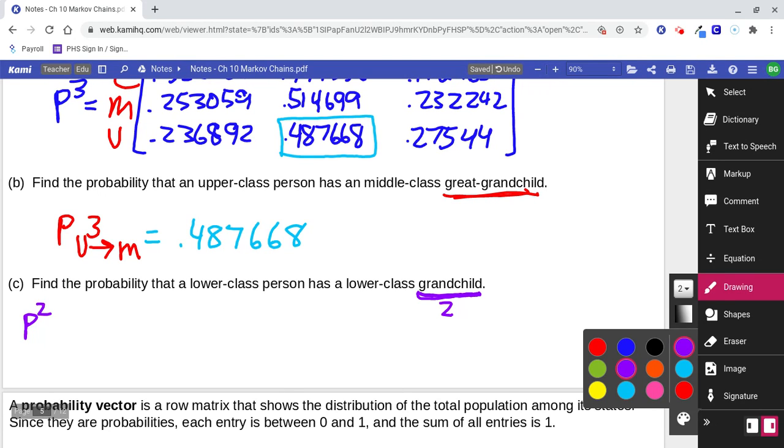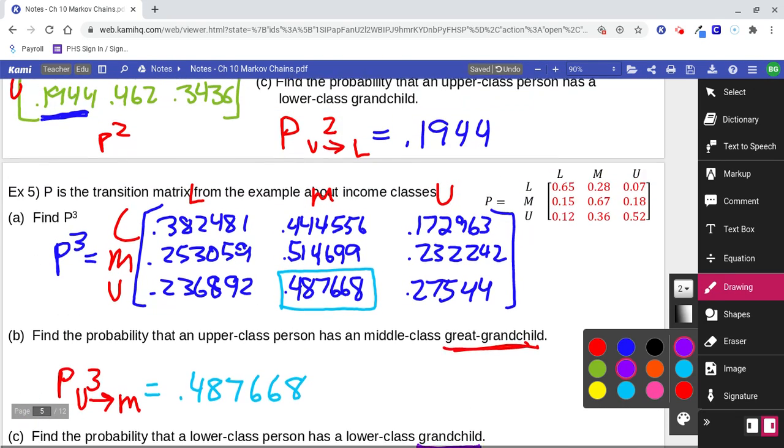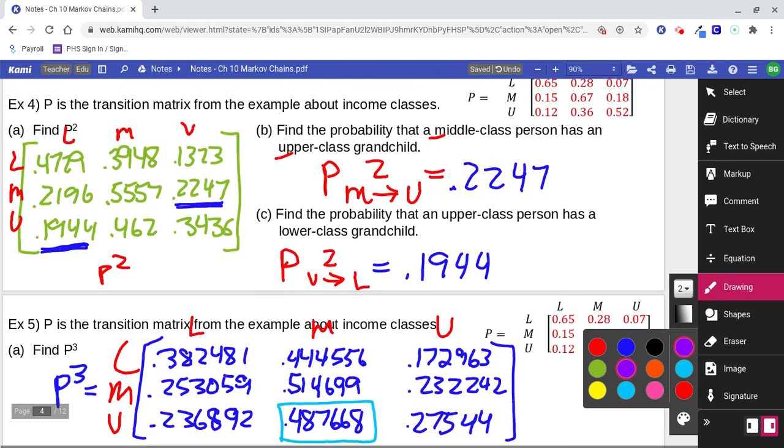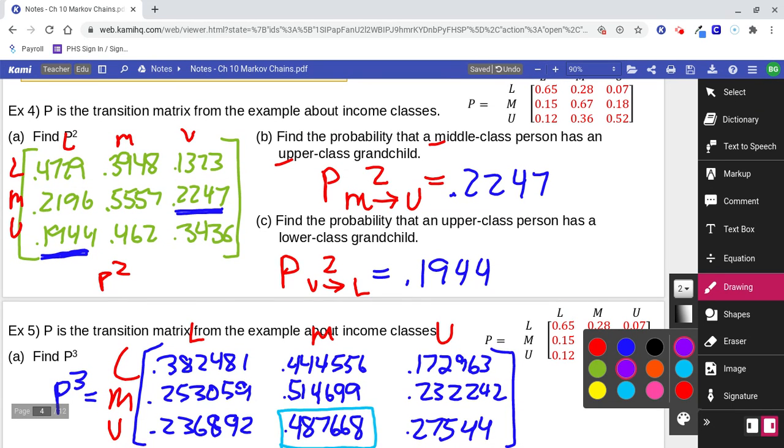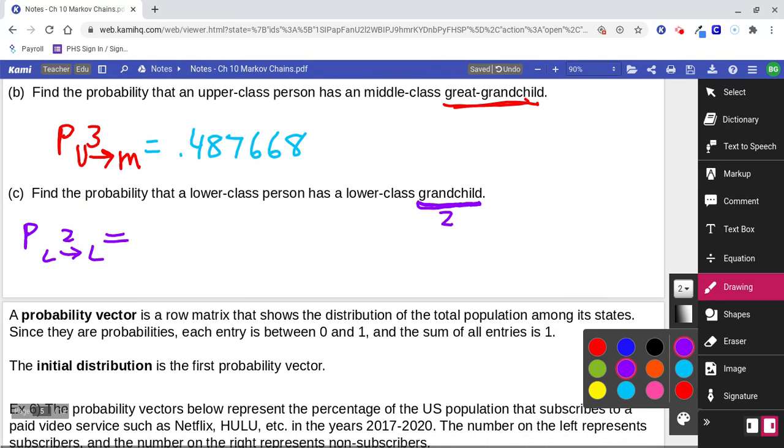So if I go probability from lower to lower in 2 transitions, I'm going to have to go back and look at the previous matrix where we did P squared. Lower to lower was right there, 0.4729. And so we can do that. That's the answer.